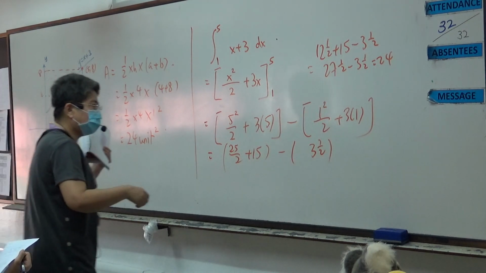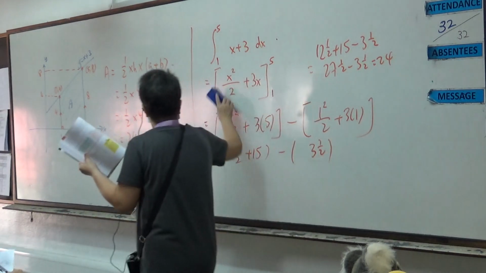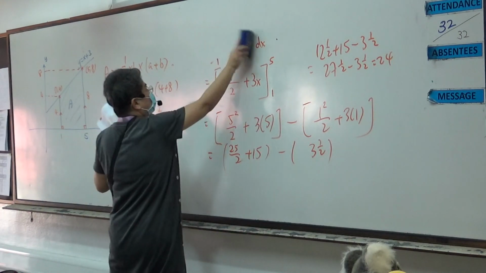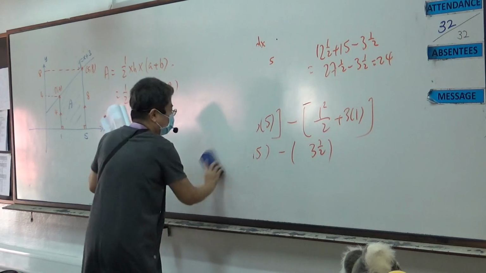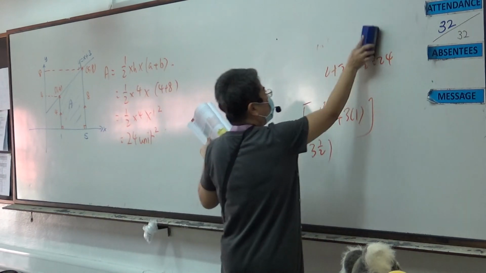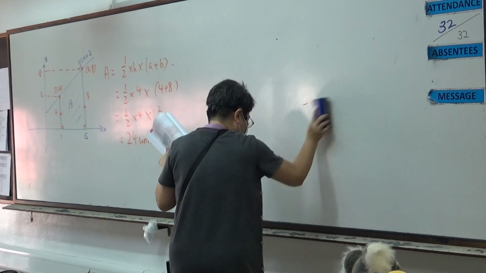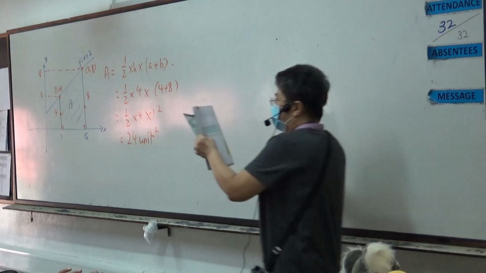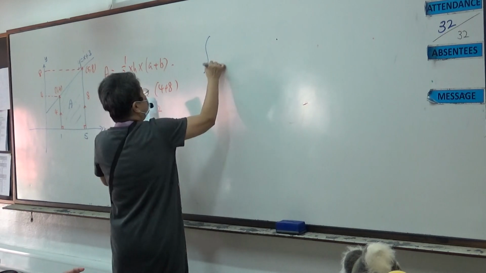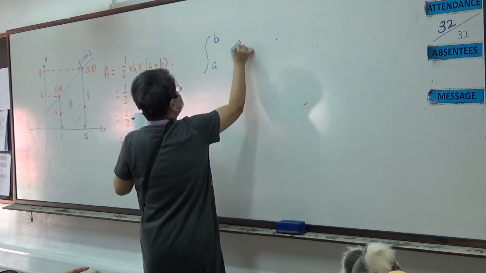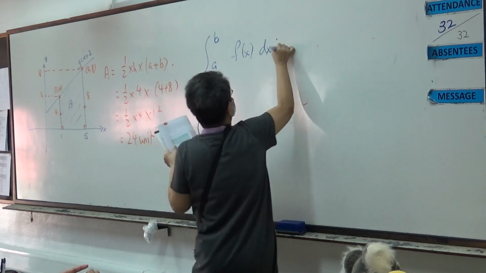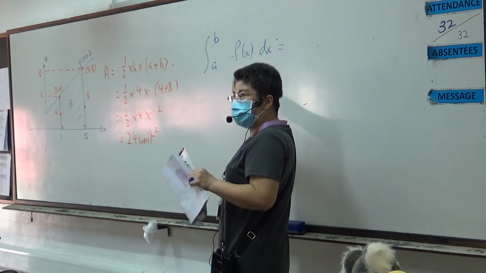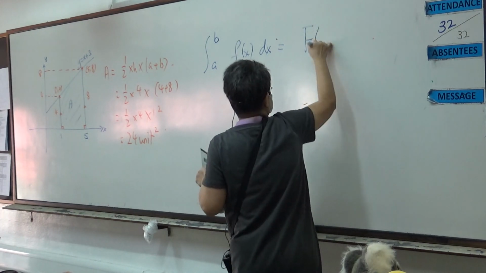I'm going to write this on the board. Okay. All of you look at the board, please. When I integrate from a to b, f(x) dx, let's say when I integrate small f(x), I get big F(x).